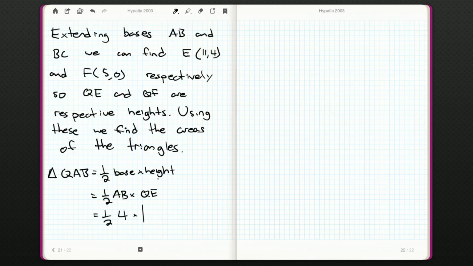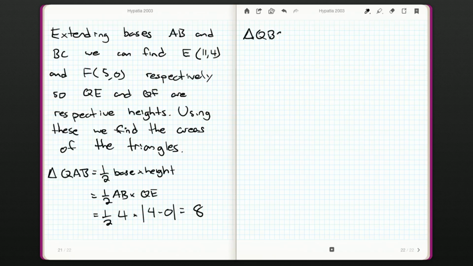It's going to be the difference in the y coordinates again. It's going to be 4 minus 0. And this is going to work out to be 8. 1/2 of 4 times 4, so that's 1/2 of 16. That's going to be 8. Okay? And we can also figure out QBC.